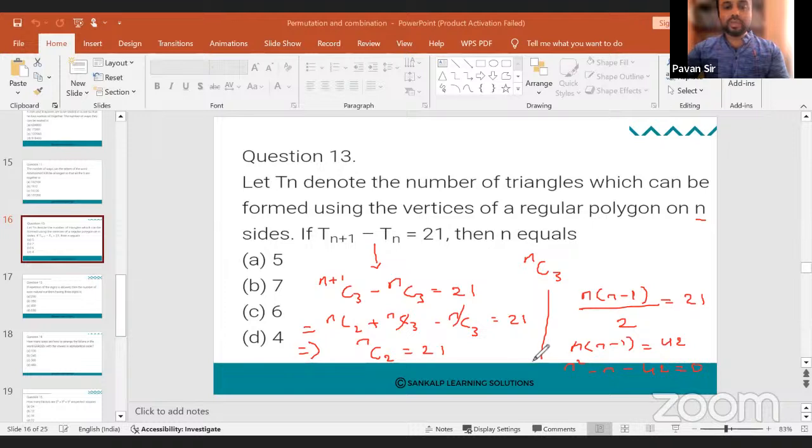After resolving, 7 into 6 is 42, and 7 minus 6 is 1. So n is either 7 or minus 6. Minus 6 cannot be an answer, so n is equal to 7. Option B is the correct one.